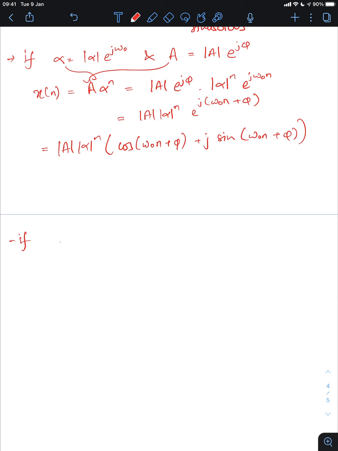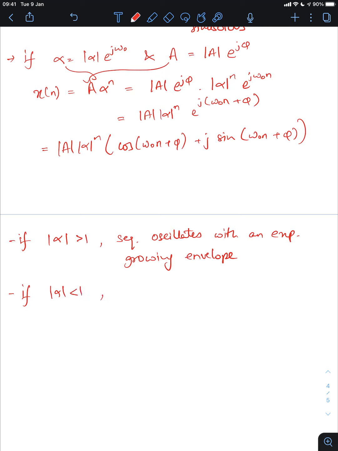Now if mod of alpha in the above equation is greater than 1, then this sequence will oscillate with an exponentially growing envelope. On the other hand, if mod of alpha is less than 1, the sequence oscillates with an exponentially decaying envelope.